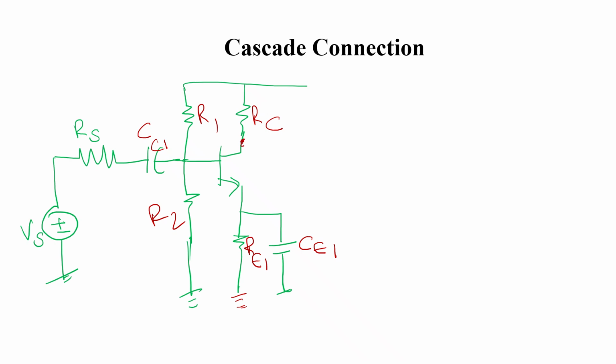Now the output is across collector 1. The output of the collector 1 is taken and connected to the base of the second transistor.